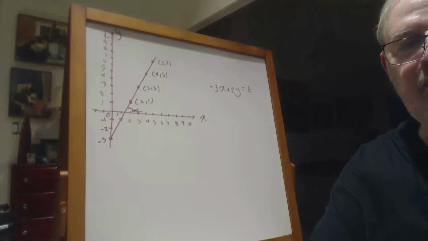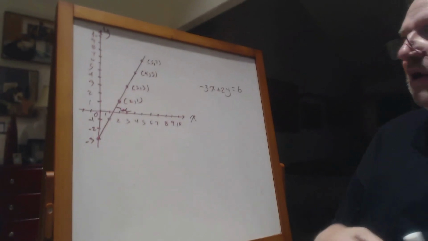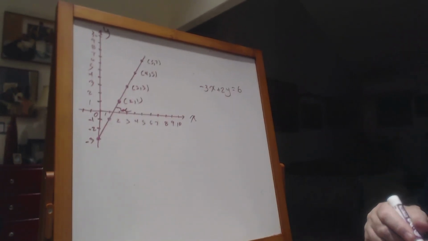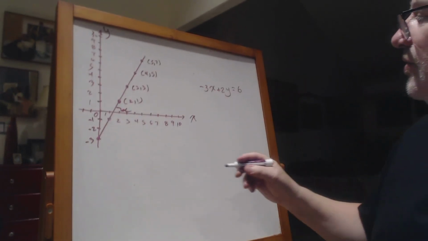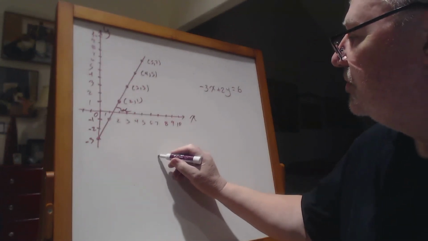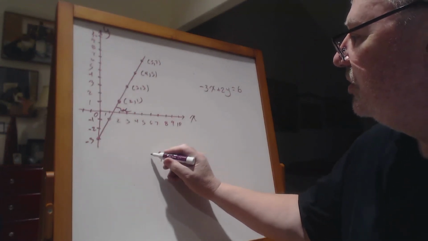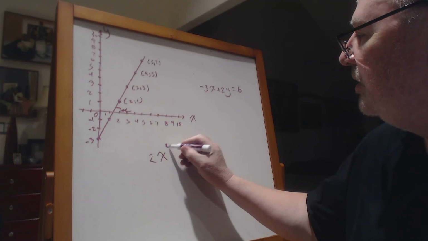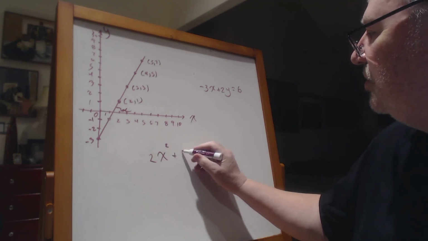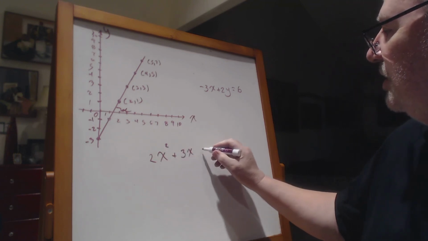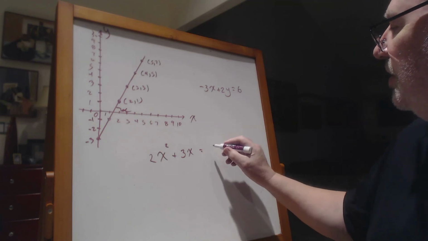And what we want to do is, we have 2x squared plus 3x equals 15.